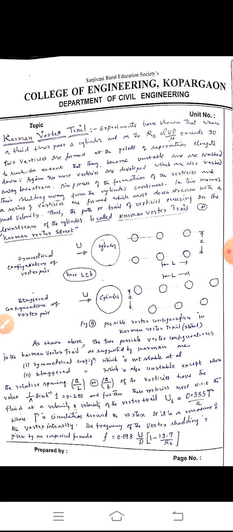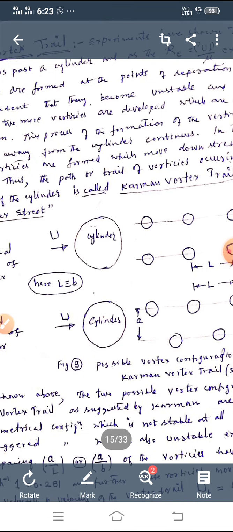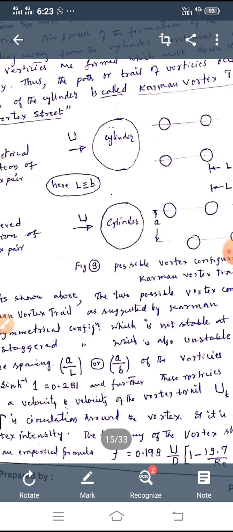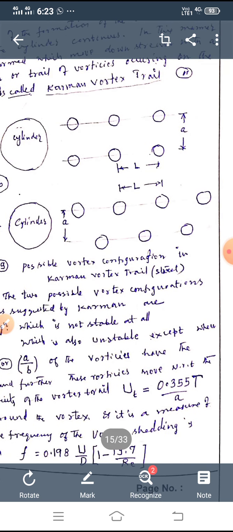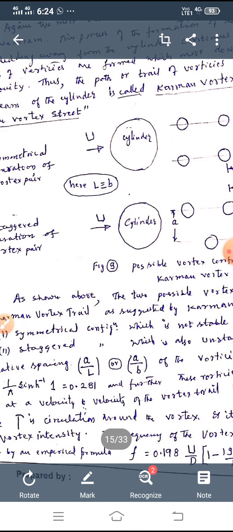Karman vortex trail is stable up to a certain point such that the value of the ratio of A by B shall be 0.281. Then we can find out the vortex trail velocity Ut equal to 0.355 times the circulation divided by this height A, where this circulation is nothing but the vortex intensity.